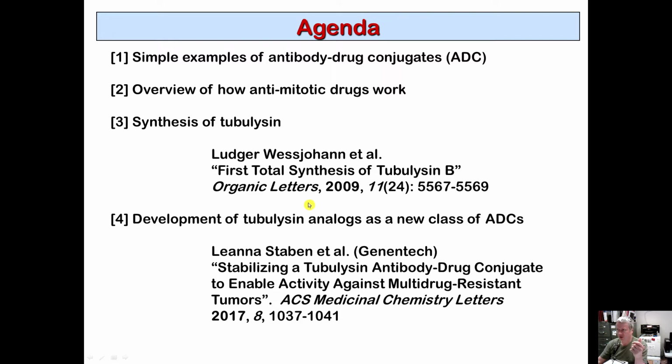Alright, so let's show some simple examples of an antibody-drug conjugate. And I'm using the word simple loosely because they're not very simple. But the basic idea of these can be shown pretty easily, and what the key organic chemistry is that links a drug to an antibody.